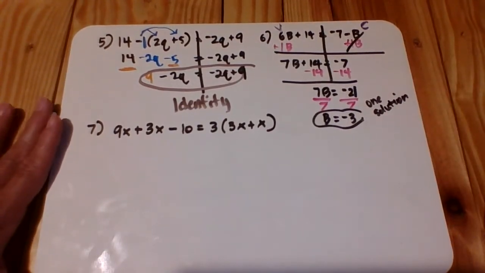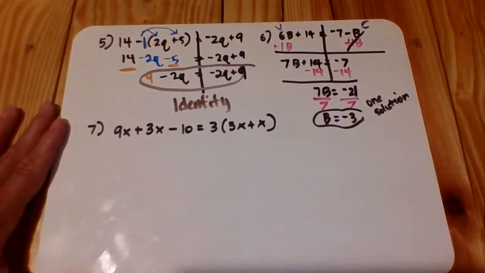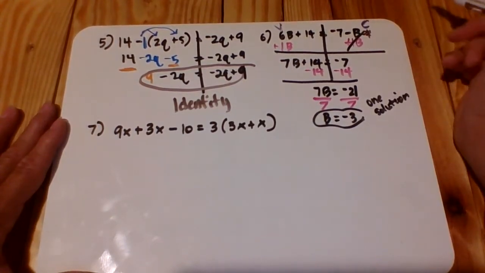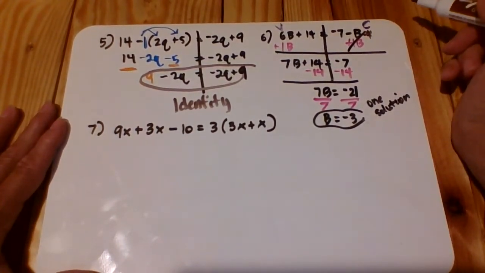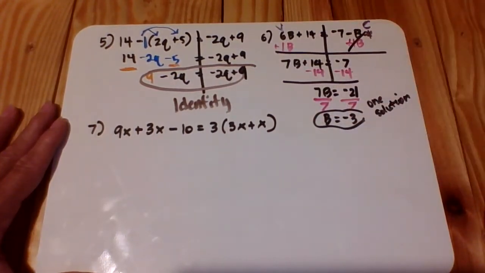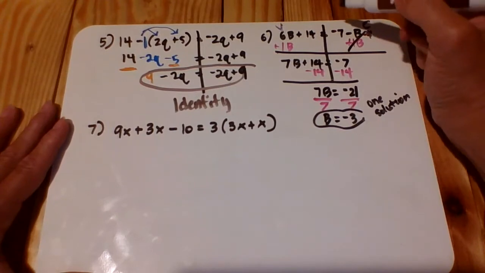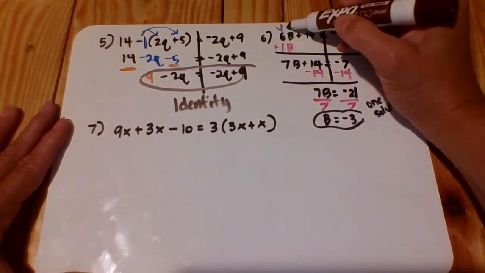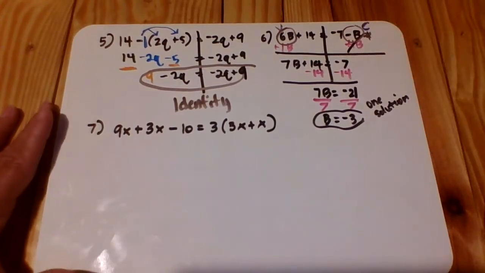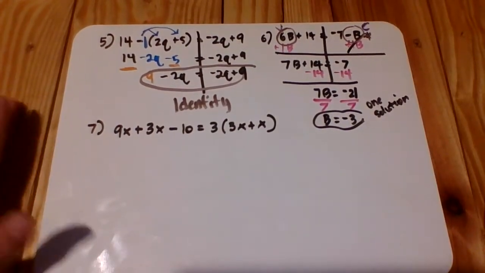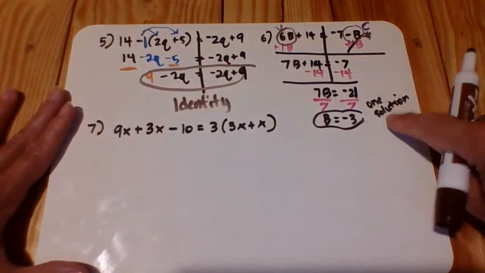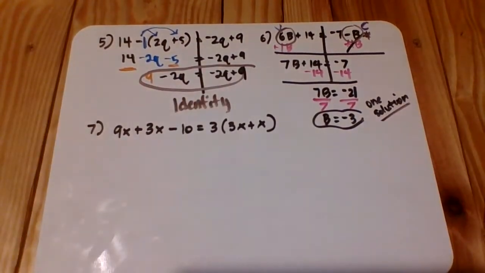And what I want you to do is go back up to the very beginning right here, and look for patterns. If you've got everything simplified, you've done the distributive property, you've collected like terms, and you notice that here you have a 6b, and on the other side your variable is not the same, it's a negative 1b, not the same, then you are always going to have one solution.